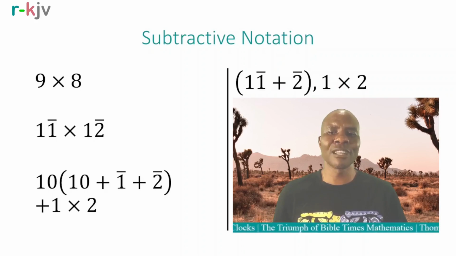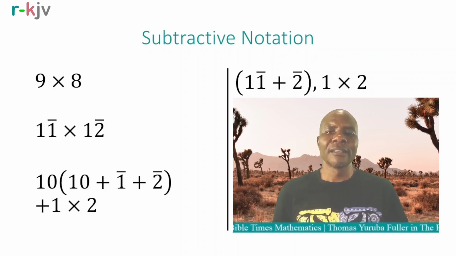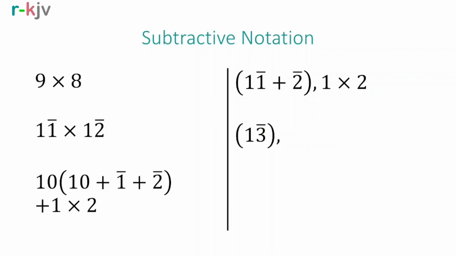The tens value is 1 bar 1 plus bar 2, separated by the comma, and the unit value is 1 times 2. 1 bar 1 plus bar 2 is 1 bar 3, and 1 times 2 is 2. 1 bar 3 is 7.